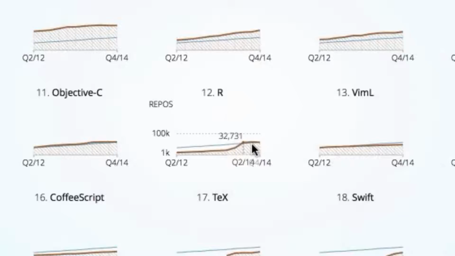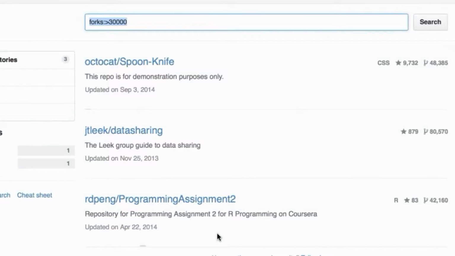Now, most of this has been driven by the Simply Statistics Coursera course on reproducible research. So as one of the homeworks for that project, you have to fork or make a copy of a GitHub repo and make some changes to it. So if we look at the most forked GitHub repos, you can see there's one repo by Jeff Leek that has 80,000 forks.